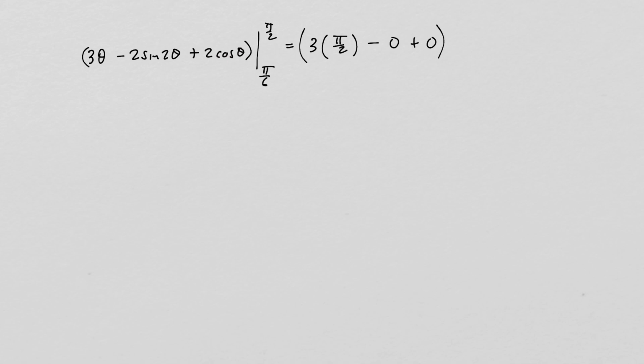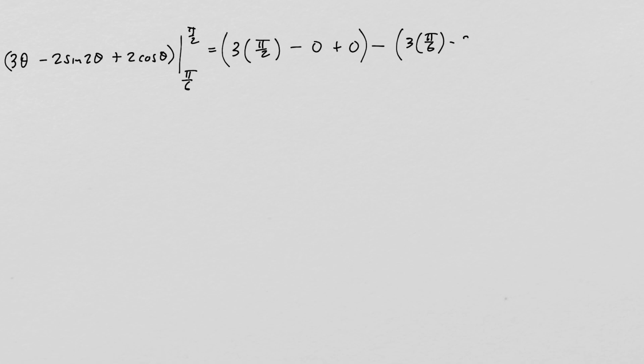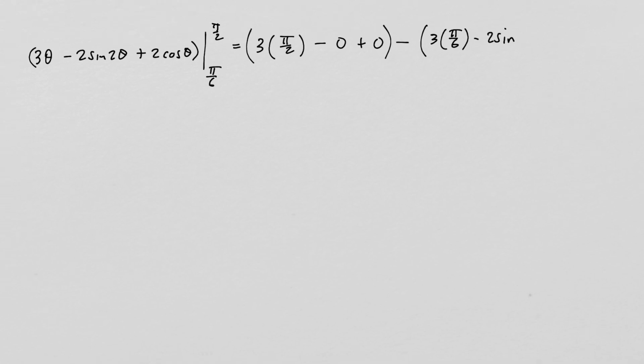This is why we prefer to change the limit to pi over 2. Minus, now we're going to plug in pi over 6 here, so that gives us 3 times pi over 6. And then we have minus 2 sine of 2 times pi over 6, which is pi over 3. And then plus 2 cosine of pi over 6.